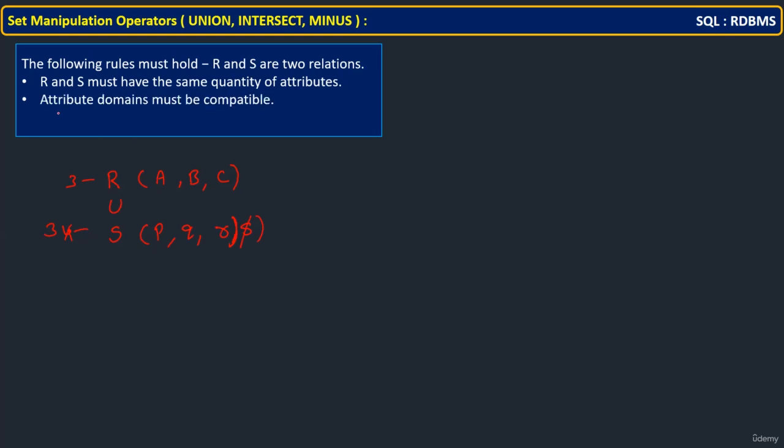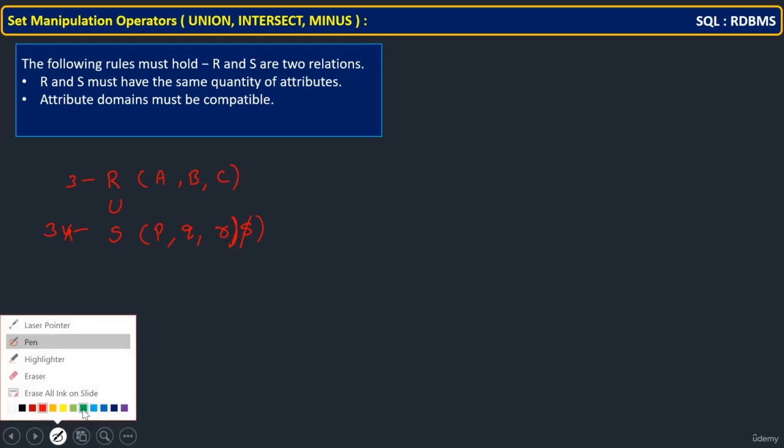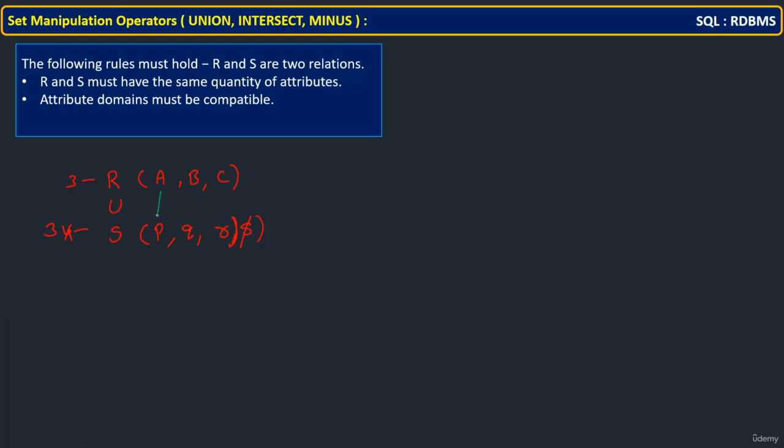After that, attribute domains must be compatible. This is another important one. Corresponding attribute domains must be compatible. That means the domain of A and the domain of P, the data type, must be the same. Then only you can combine them.